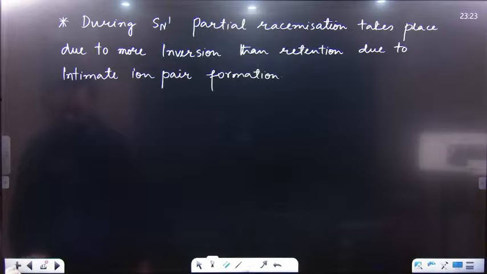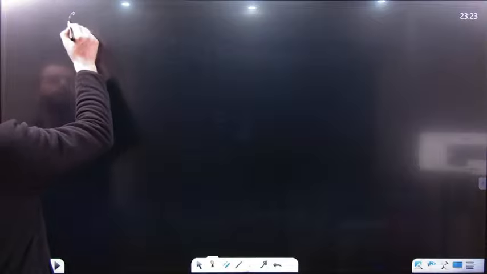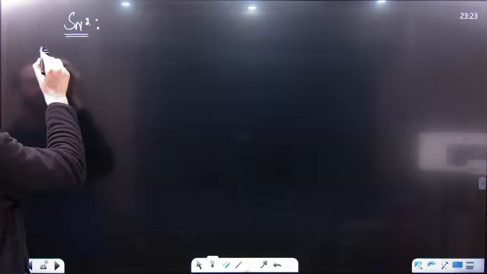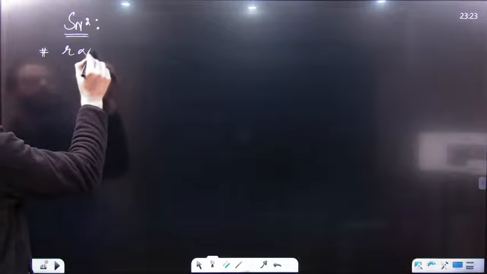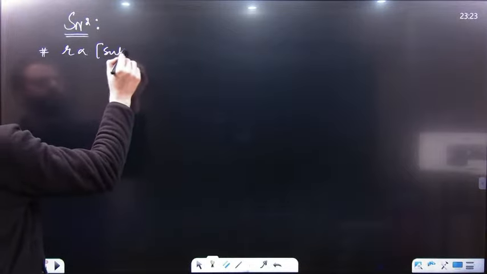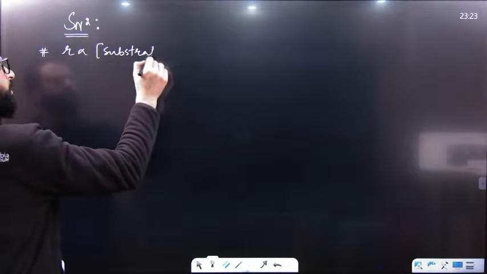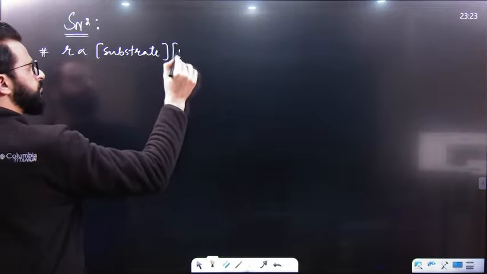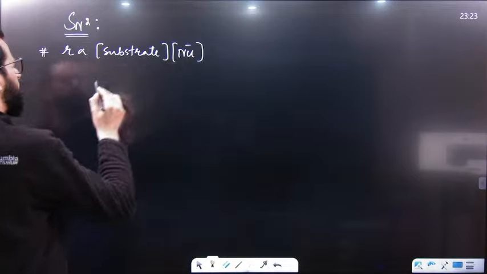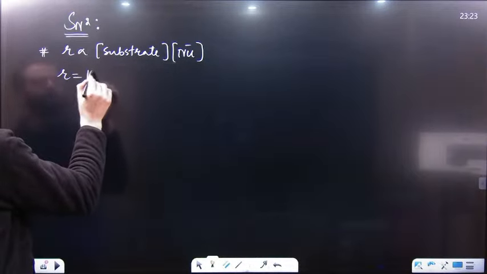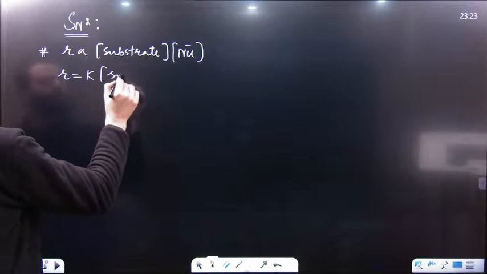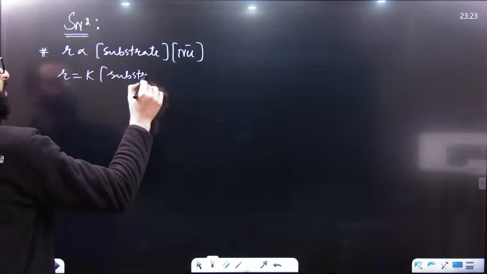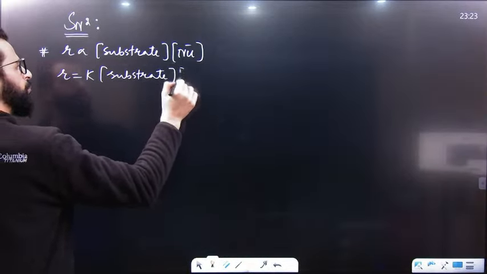After this, if we talk about SN2, it is bimolecular nucleophilic substitution or substitution nucleophilic bimolecular. For this, rate is directly proportional to molar concentration of substrate and molar concentration of nucleophile. So we can say rate R is equal to constant K into molar concentration of substrate and molar concentration of nucleophile.